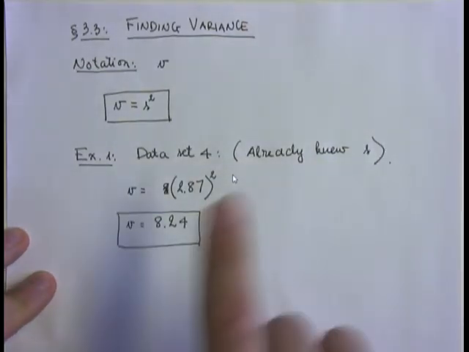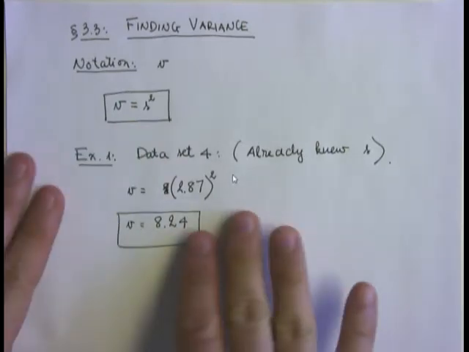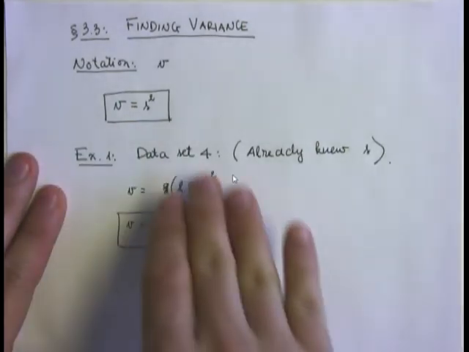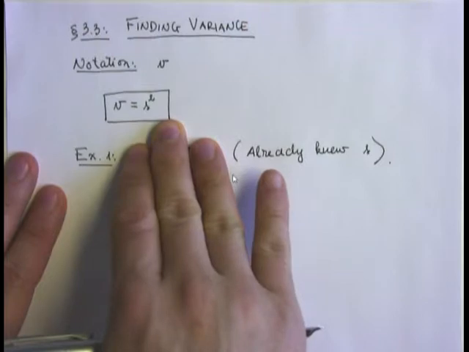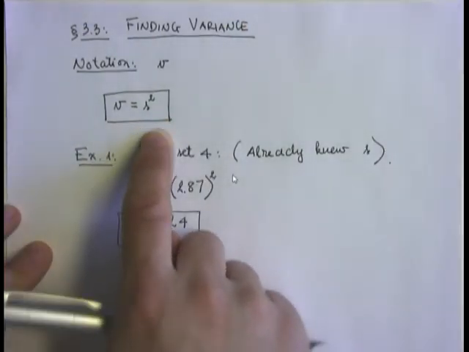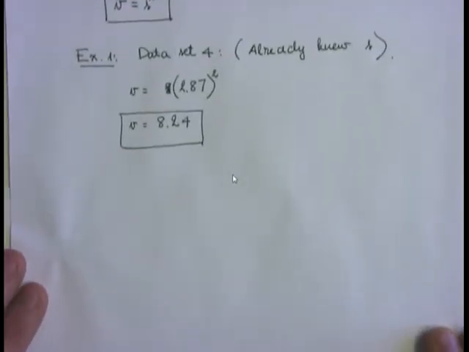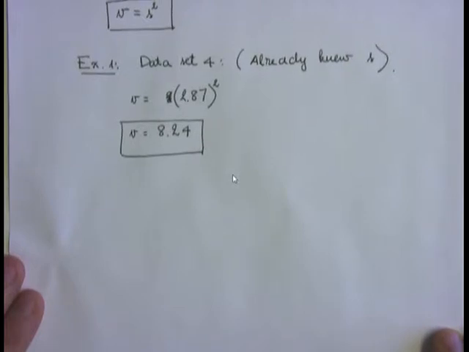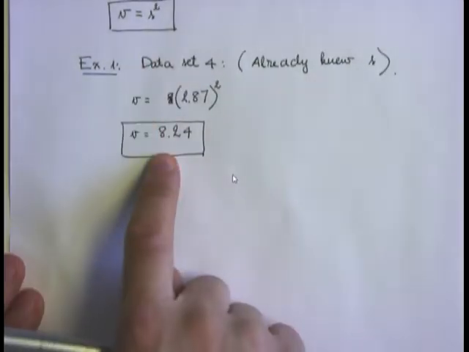This example is naturally produced from the formula itself, the way it's written. The way the formula for variance is written makes people think that we always have to find the standard deviation before we can find the variance.